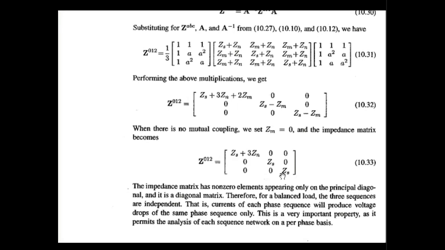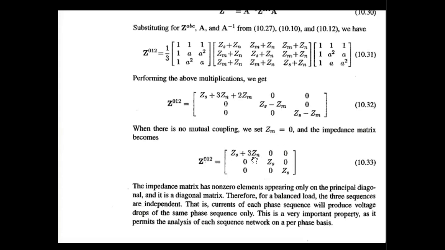So you have 3 different impedances: zero sequence impedance, positive sequence impedance, and negative sequence impedance. These are the equivalent values. If you are given a circuit with self impedance and neutral impedance, you have to generate the zero sequence, positive sequence, and negative sequence impedances.